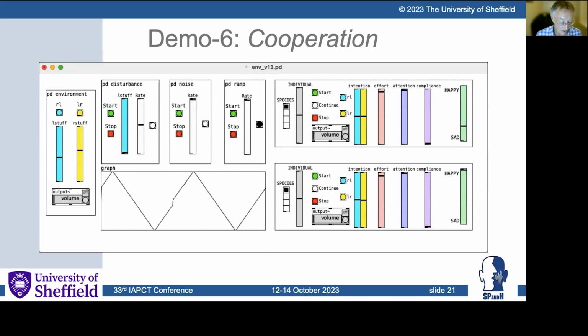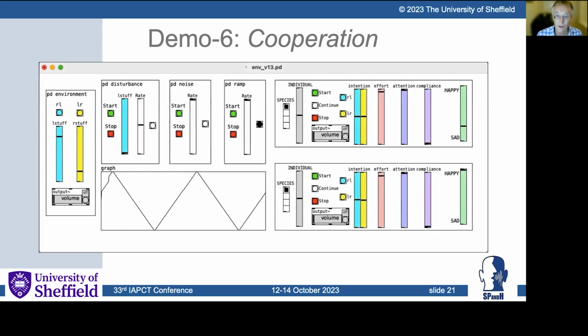What you're going to see first is that because the motor efforts are not at maximum, neither agent individually has control. But then I will switch on both agents, and their combined efforts will be sufficient to bring it under control. The very definition of cooperation.